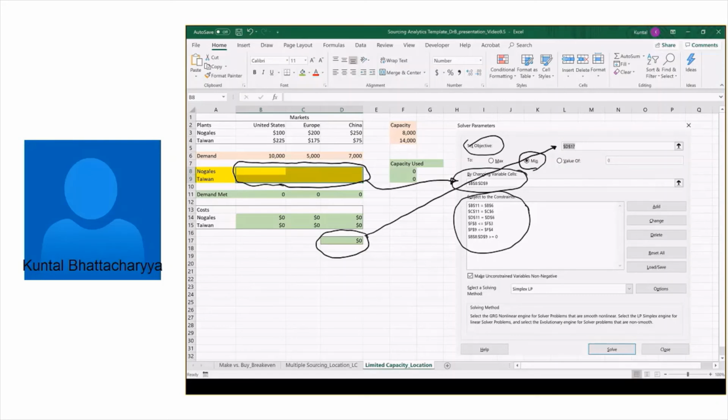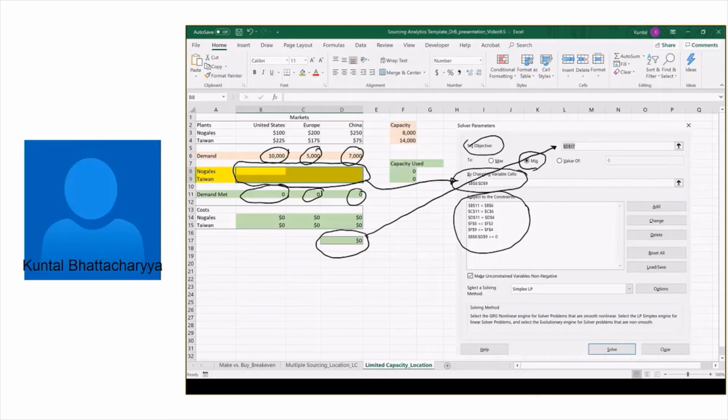But there are constraints in the process. So as you can see, the first three ones right here are your demand constraints. So $B$11 equals $B$6, which basically is saying that whatever this demand value will be, the same as this guy will be the same as this guy will be the same as this guy, okay?